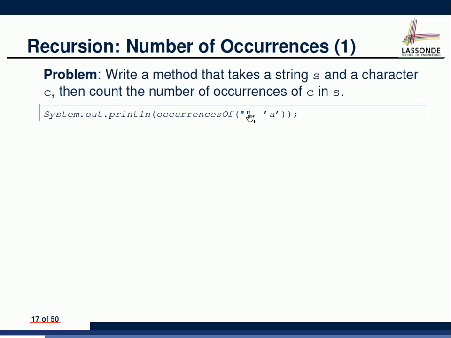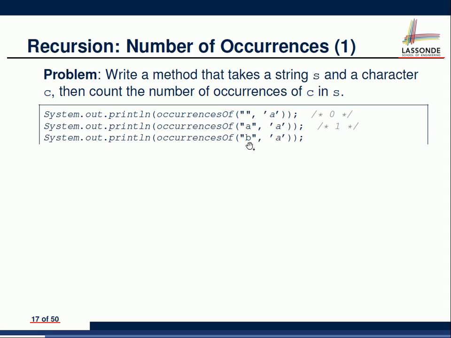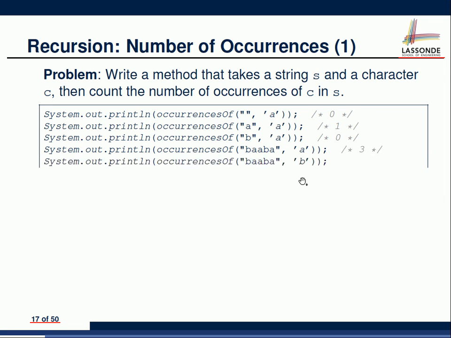It doesn't appear at all. How many times does A appear in A? One time. How many times does A appear in B? Zero. How many times does A appear in Baba? Can you see, three times: index 1, index 2, and also index 4.